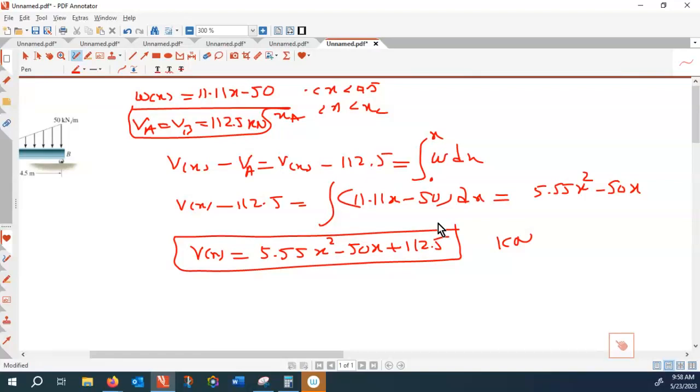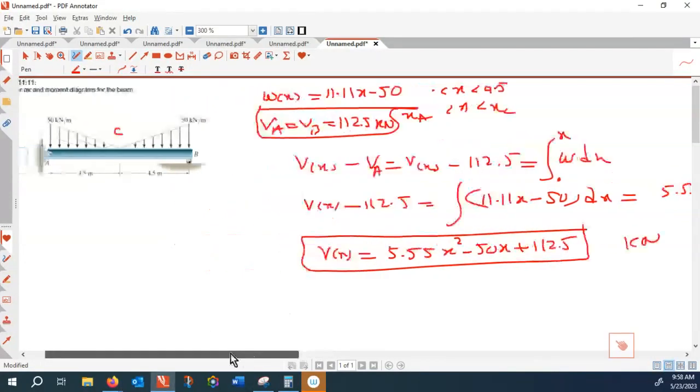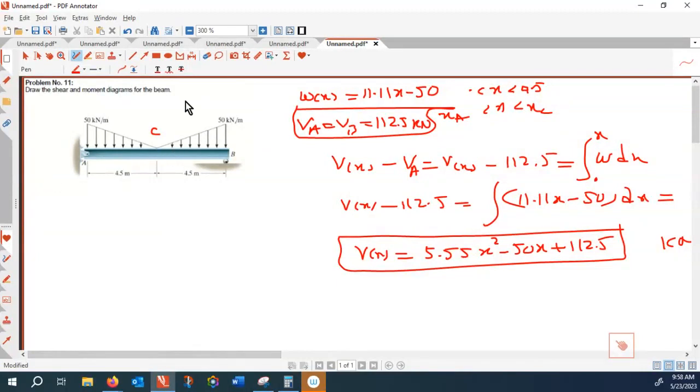All right, so now I can start plotting. At this stage, for the first zone, I can plot the V of x.